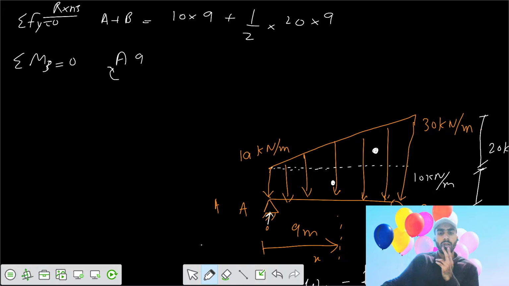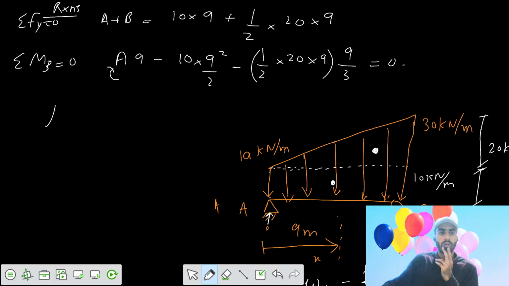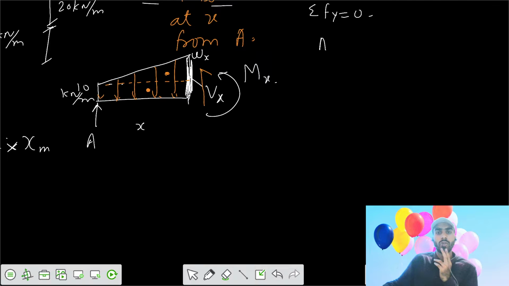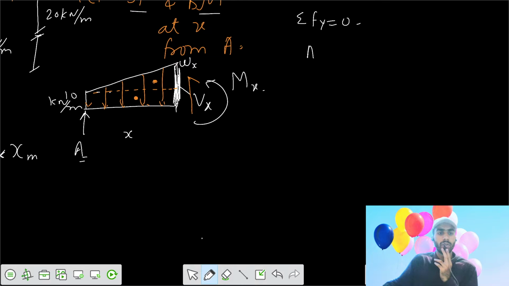A into 9, minus 10 into 9 squared by 2, minus the area of the triangle, half of 20 into 9, acting at 9 by 3 from support B, equals 0. So the reaction at A comes out to be 75 kilonewton. Let's take the value of A equals 75 kilonewton.